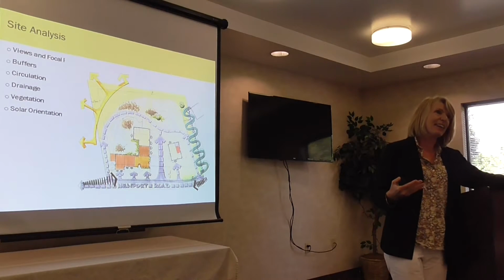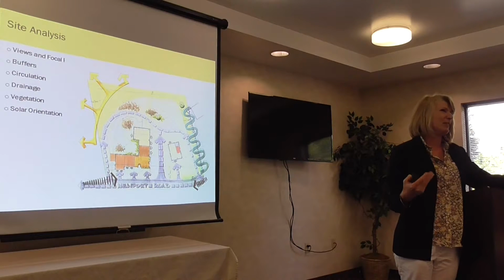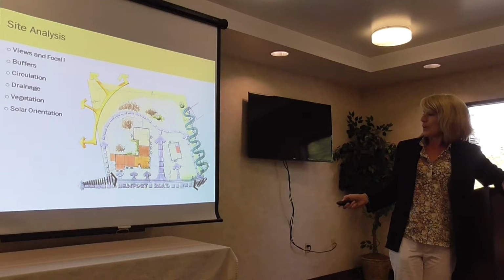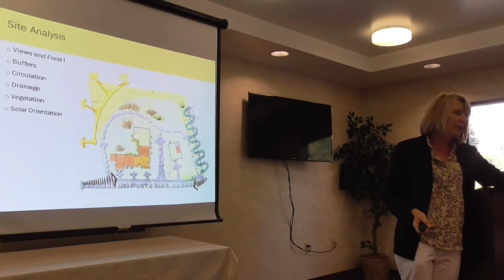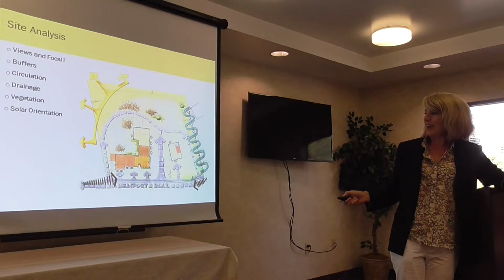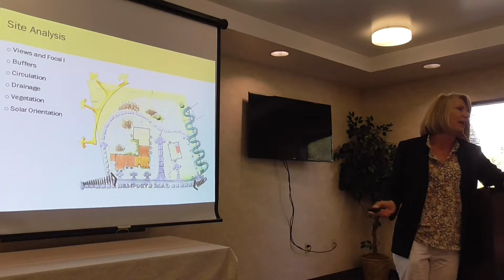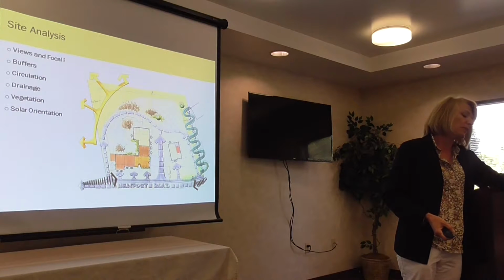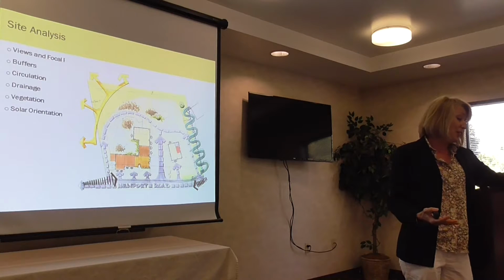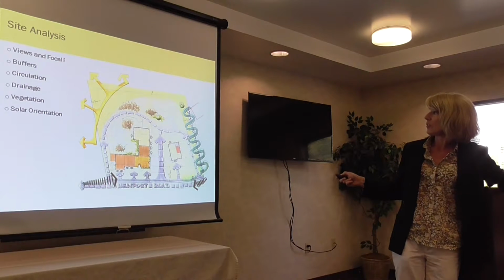And again, it may sound very simple. Well, everybody's going to get that. But it's amazing when you at least put it down on a piece of paper and show it on your plan. Sometimes that can start to drive what ends up happening in certain areas. So again, it's important stuff, because it'll tell you where you need buffers.